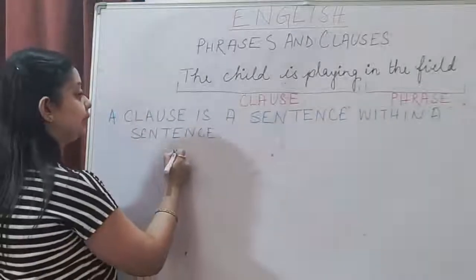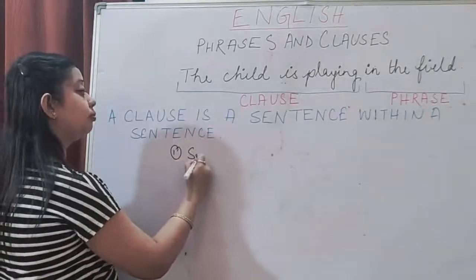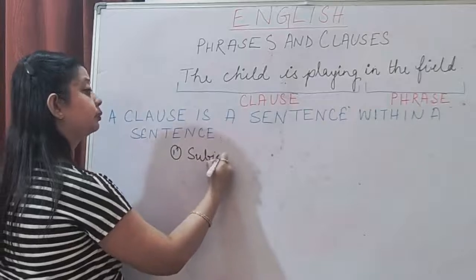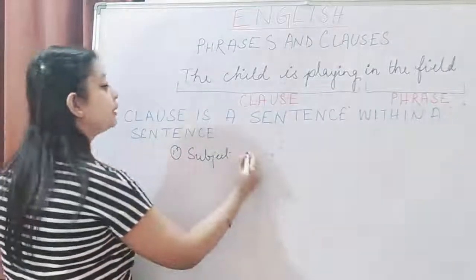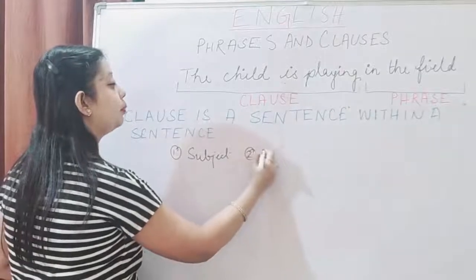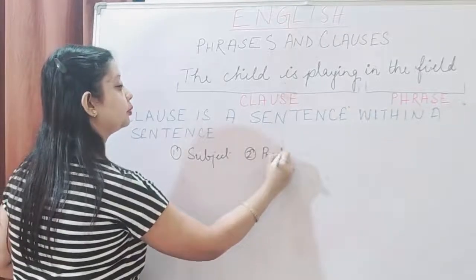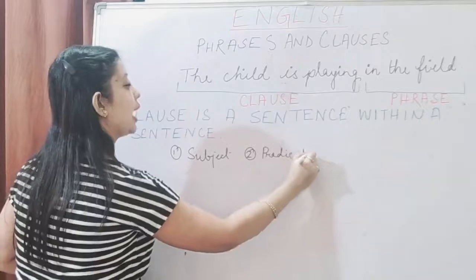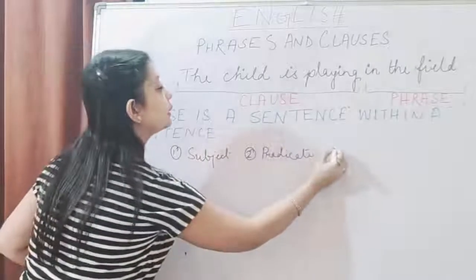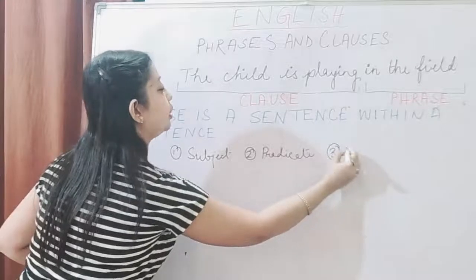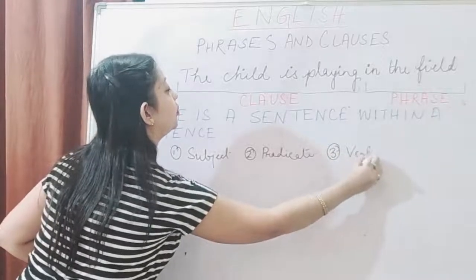Firstly, every sentence has a subject. Next, every sentence will always have a predicate. And the third quality of a sentence is that it will always have a verb.